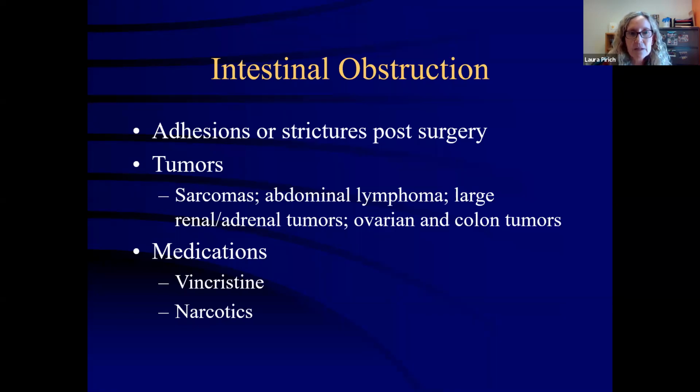Vincristine is the classic one that we think of causing usually just an ileus, not an obstruction, but certainly we have patients who have significant problems with ileus that almost behaves like an obstruction. Same thing with narcotics. We have to always be cognizant of when we're giving pain medicine and what kind of pain medicine we're giving, and what that might be contributing to your patient's ileus or potential risk for obstruction.